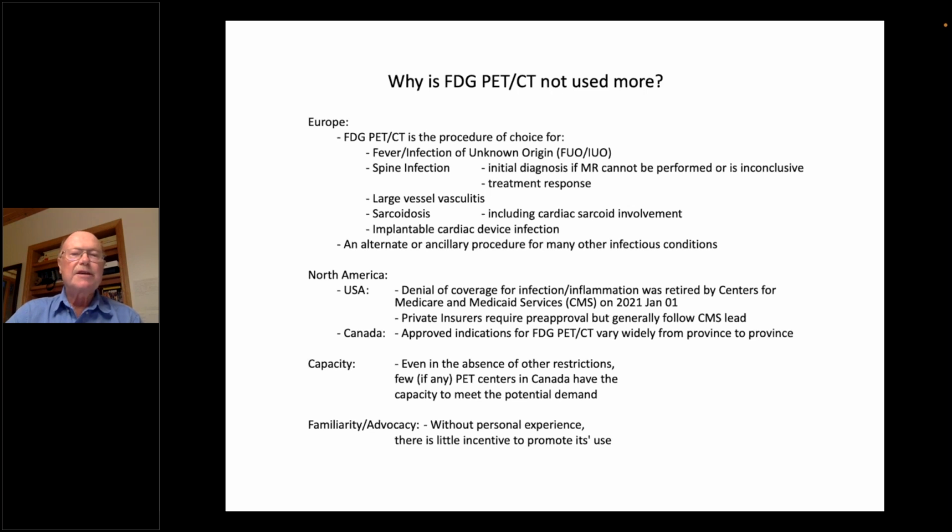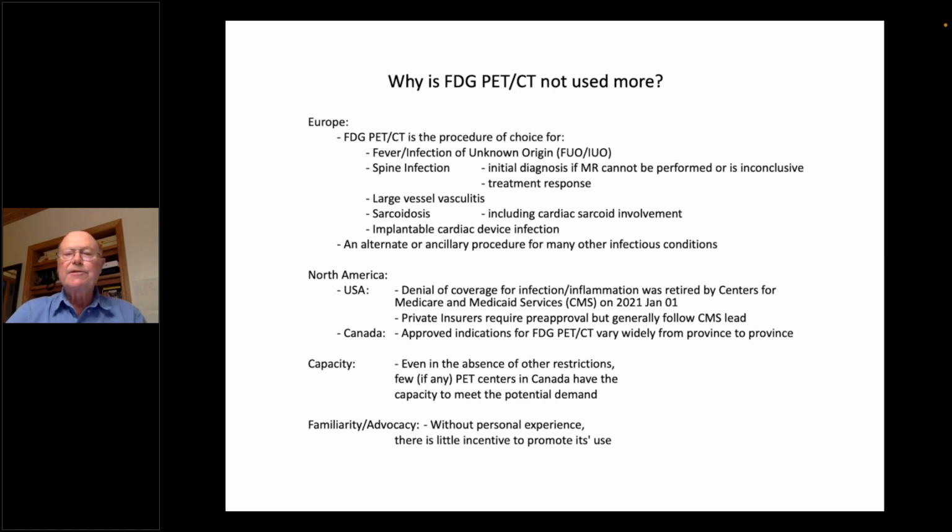For large vessel vasculitis and infection in grafts, and for cardiac sarcoid and implantable cardiac devices. It's also commonly used as an alternate or ancillary procedure for many other infectious conditions.